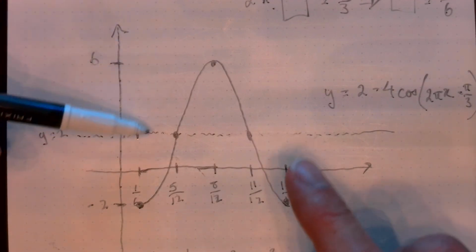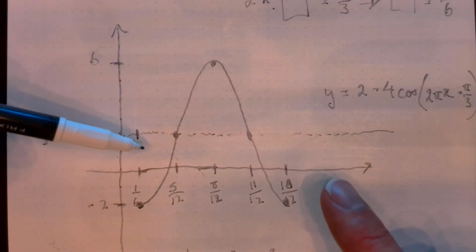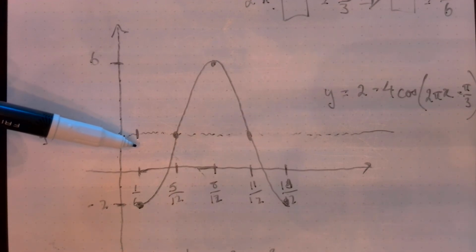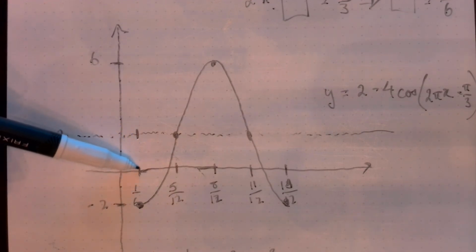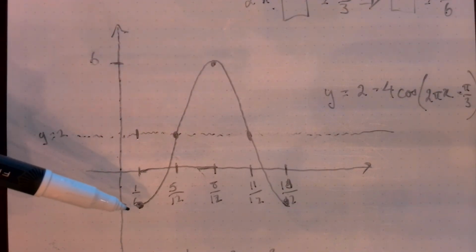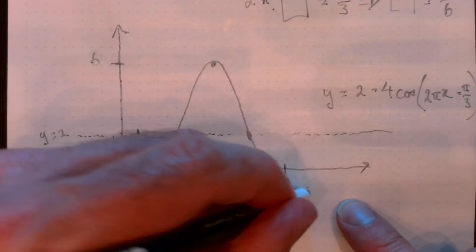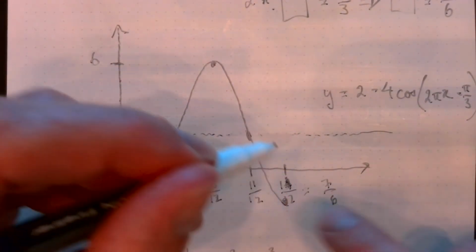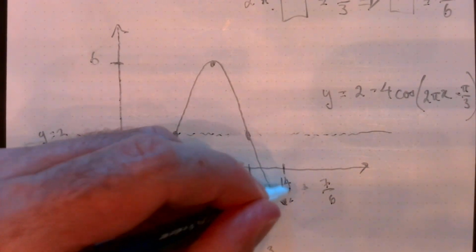The period is 1, so we are ending our cycle 1 unit past the start of the cycle, which we decided was 1/6. Okay, 14/12, which does equal 7/6. That's a 14 there. It's very tiny. Sorry about that.